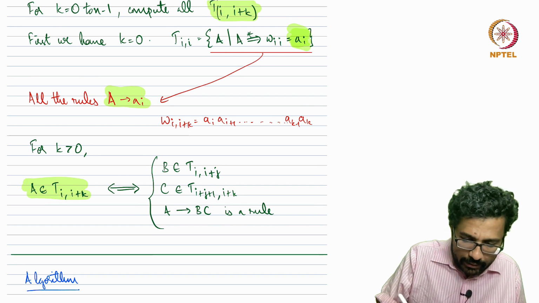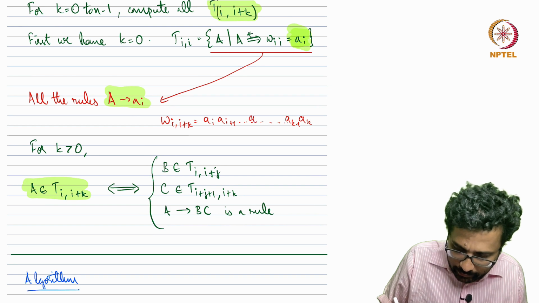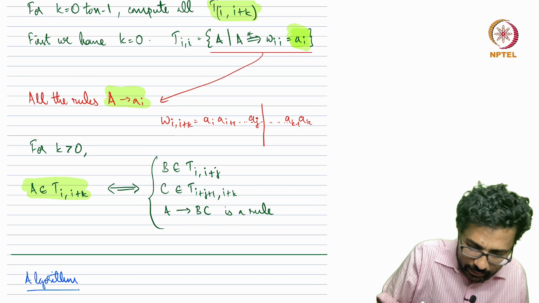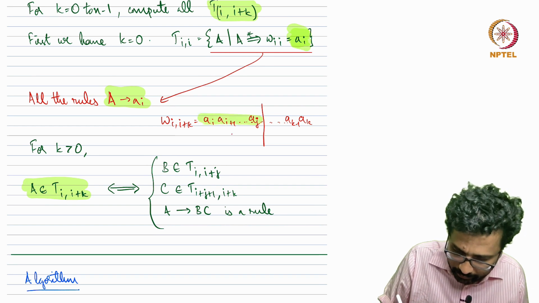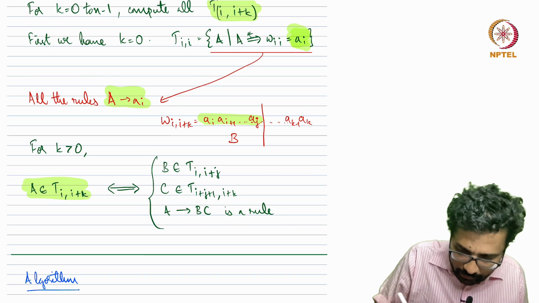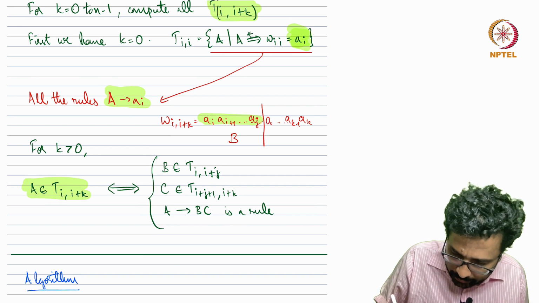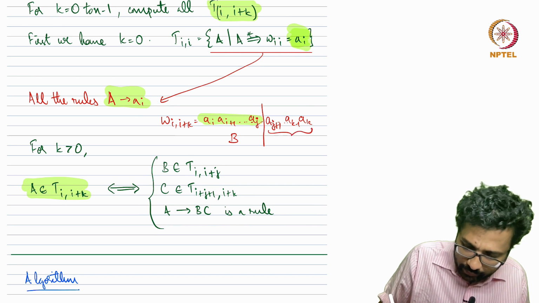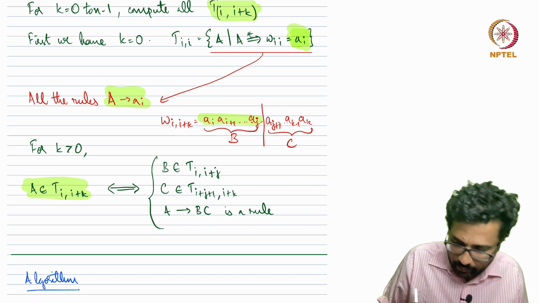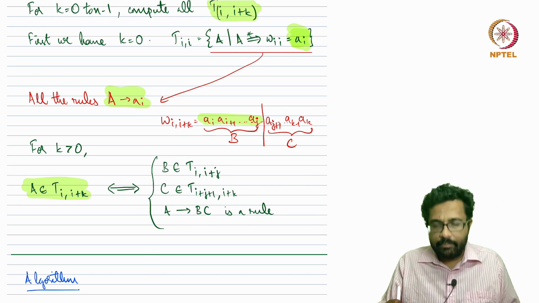So let's say B generates the string till A j. This highlighted part is generated by B, and from the next symbol onwards, A j plus 1 onwards, this is generated by C. And A gives BC.